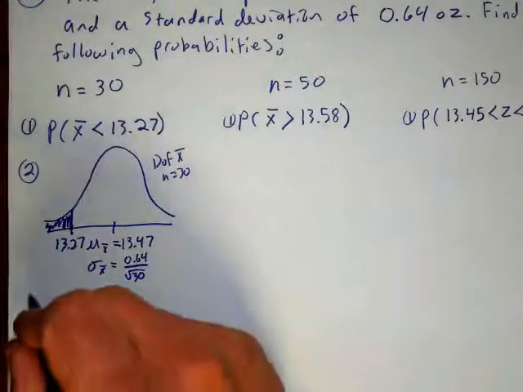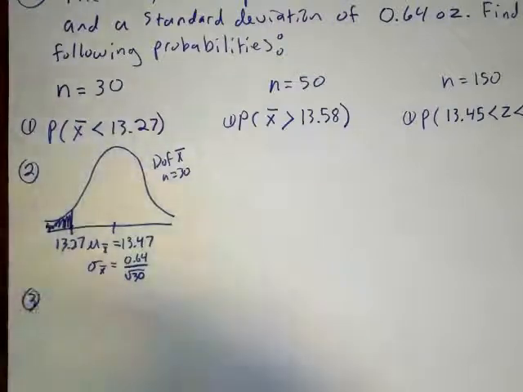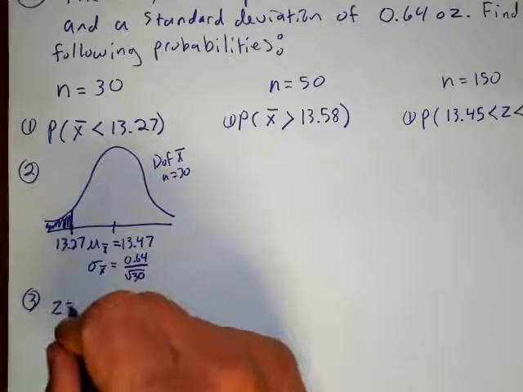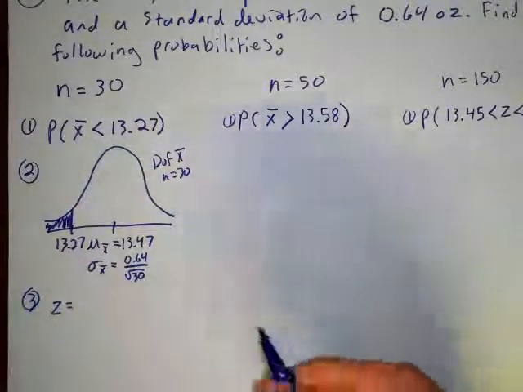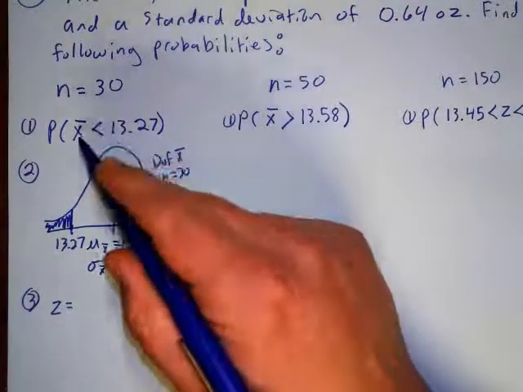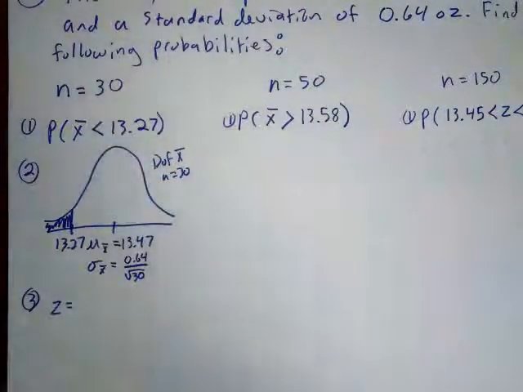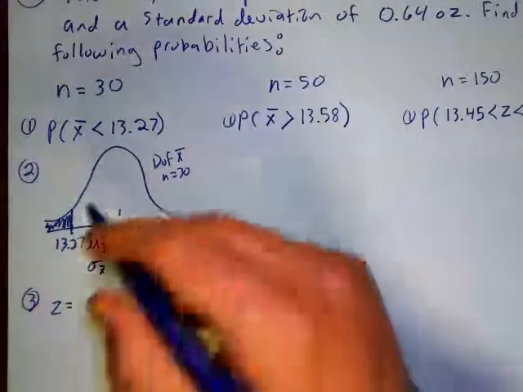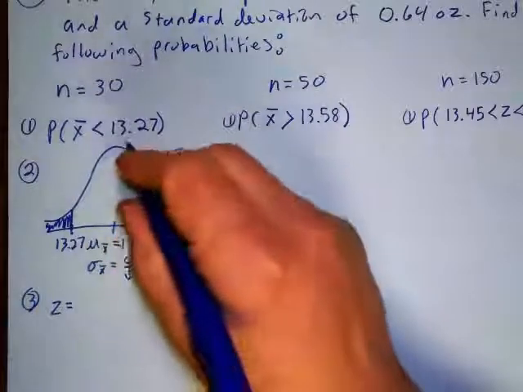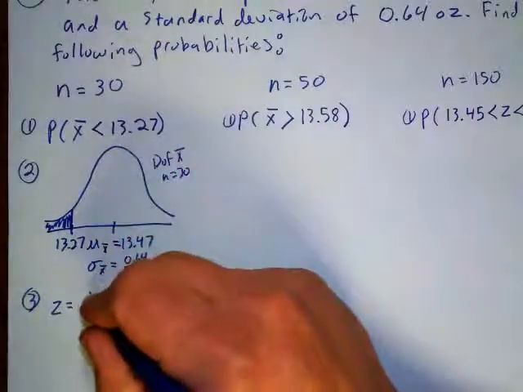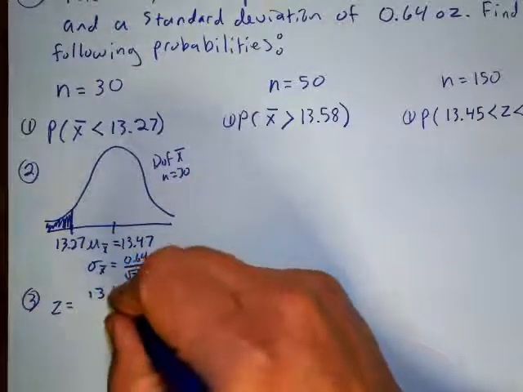So step three is I'm going to calculate the z-score probability. I'm going to use the z-score formula for the distribution of x bar. For this one, I'm going to convert this 13.27 into its corresponding z-score.